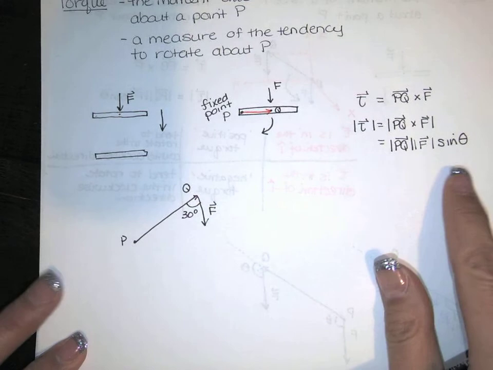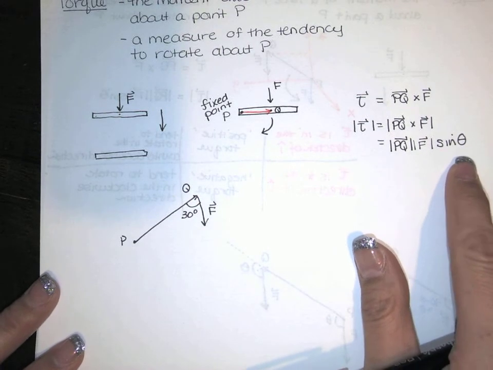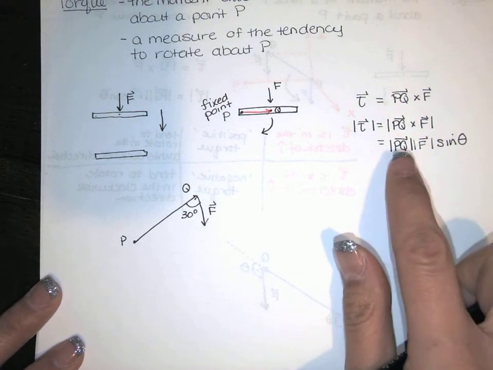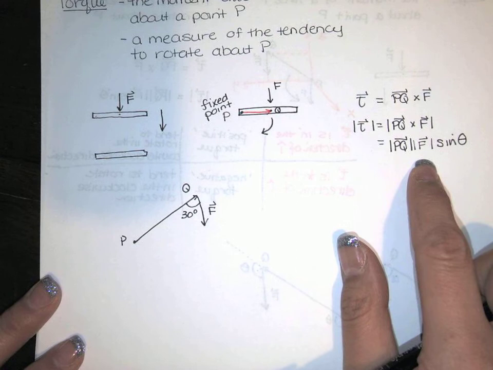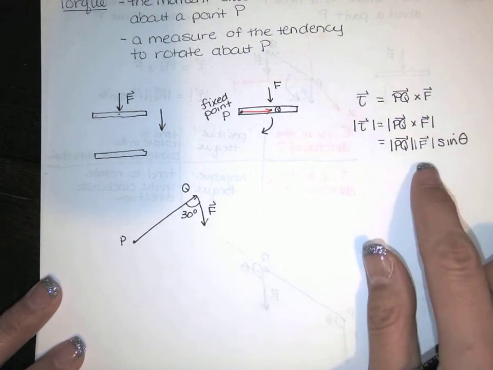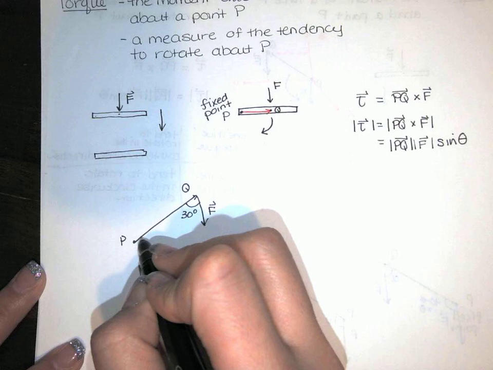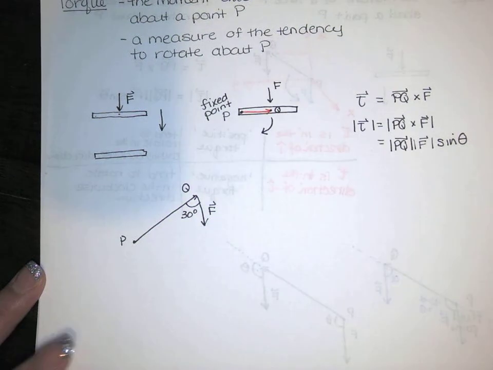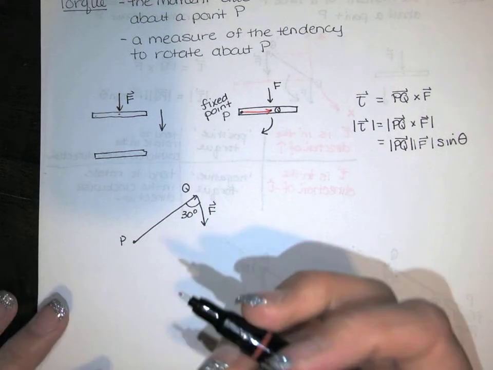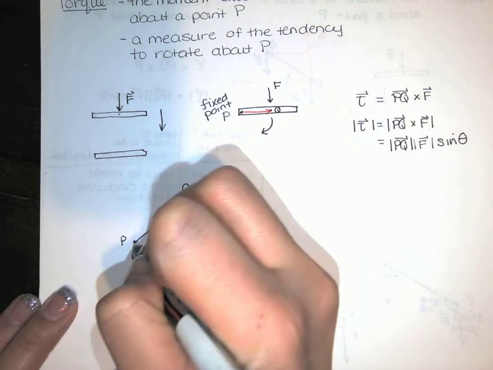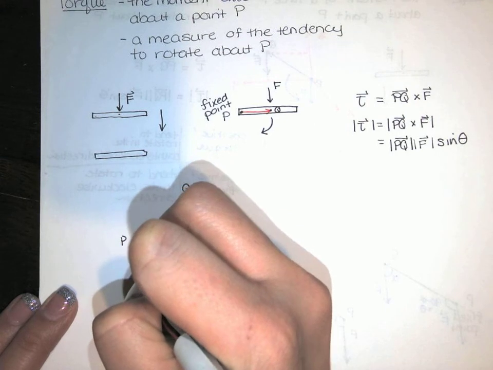Now that is not the angle theta here. The angle theta is the angle between the vector PQ and F, and that angle can be found by drawing the force vector down here so that it starts at the same point that PQ does. So they have the same initial point. I'm going to try to draw something that's parallel. It's going to be hard to do.